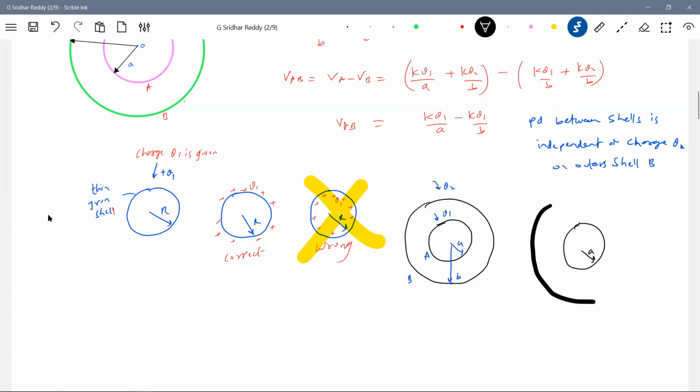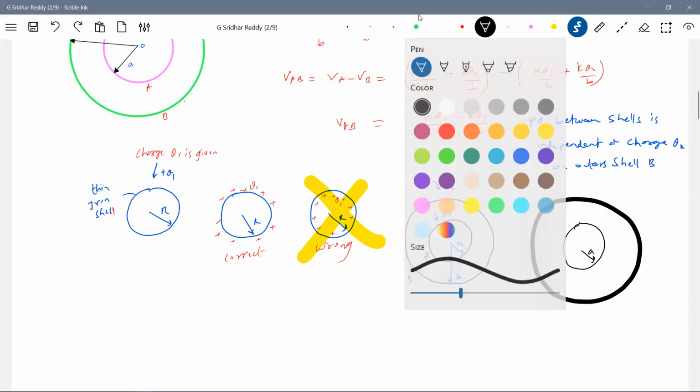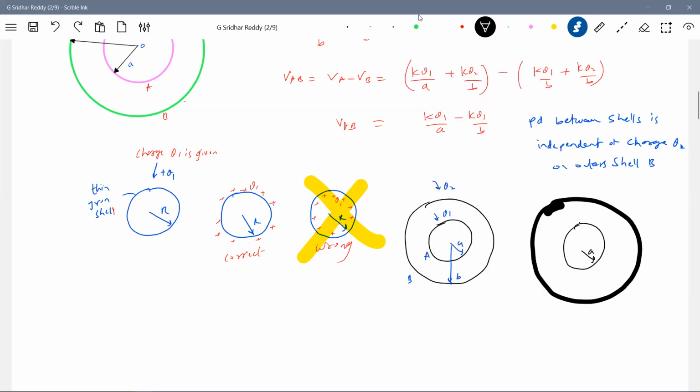It's not a thick shell, both are thin shells, only to make you understand. Then we'll draw a Gaussian surface.